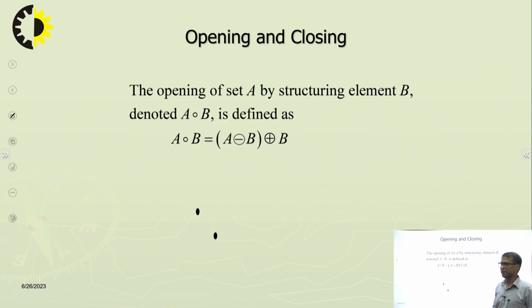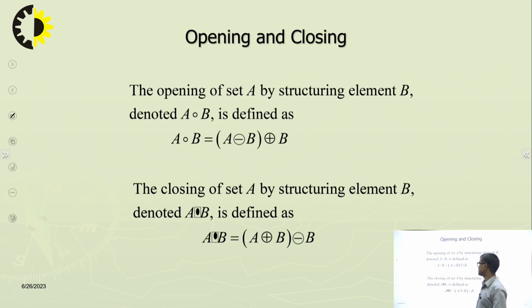So with example and mathematical formulation, we can see the opening is defined as A small o B, where small o means opening. It is defined as erosion of A by B followed by dilation by B. It seems that if we first erode and then dilate, we are doing the reverse operation, so the object will remain the same.